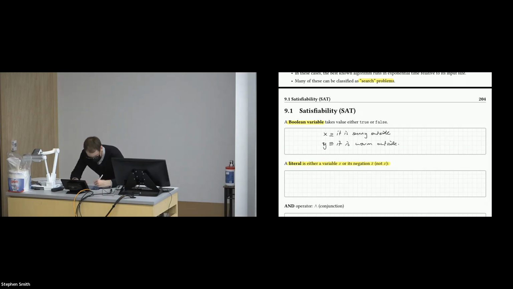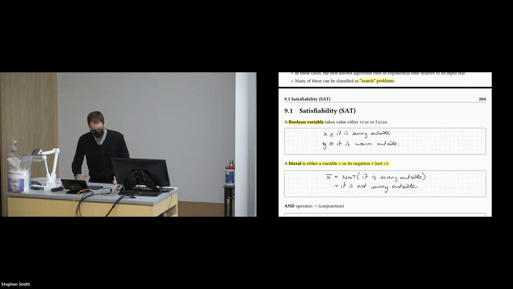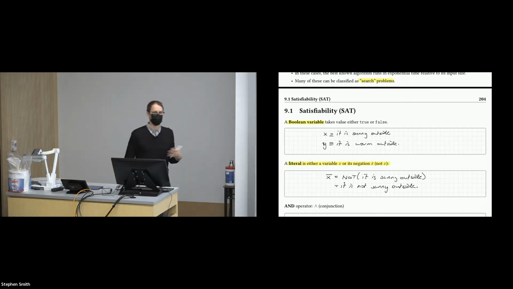So X with a bar on top is the negation of X, and it's read as the statement, not, it is sunny outside. In English, we bring the not inside and write, it is not sunny outside. So if X is true, then not X is false.